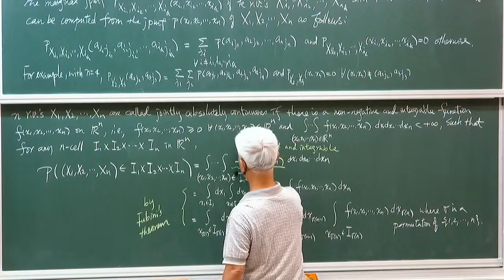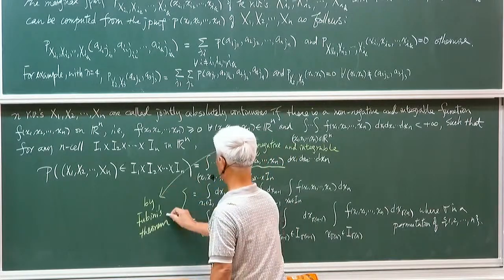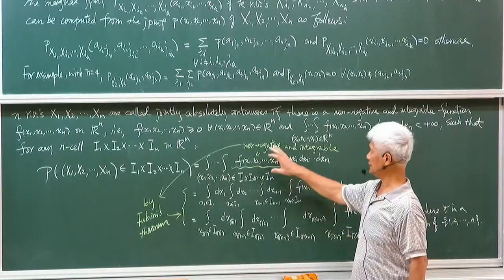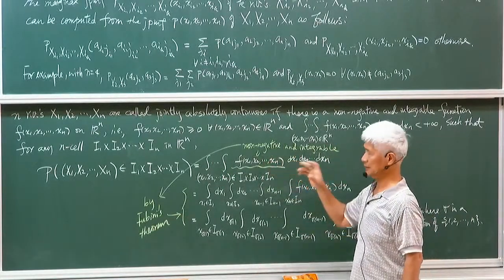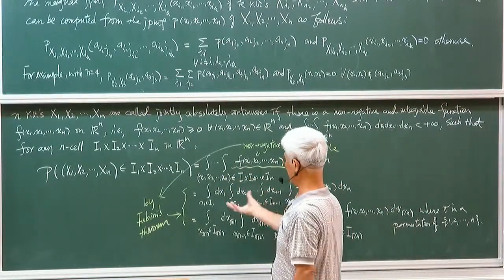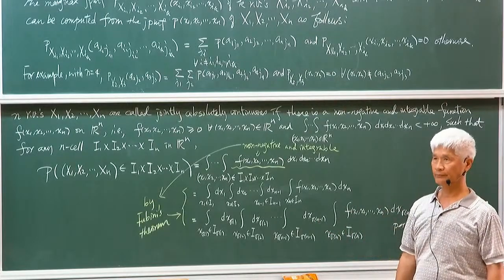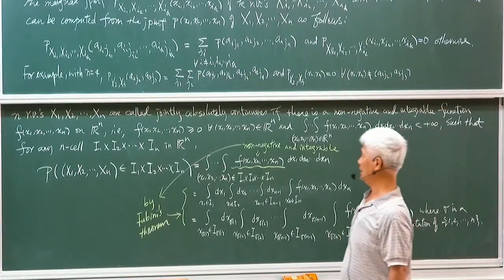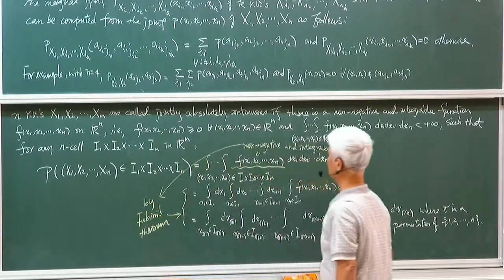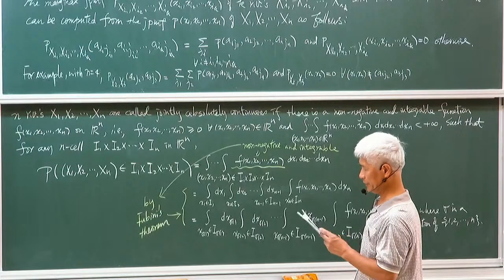So we can apply it here. The integrand is non-negative and integrable. And so the order of iterative integration is independent to the evaluation of this probability. So it is very nice for that.